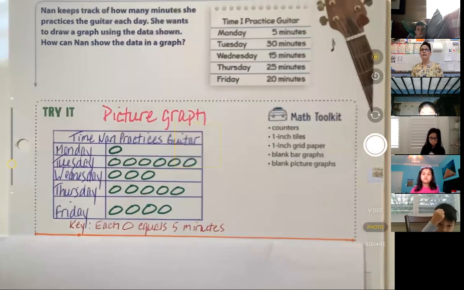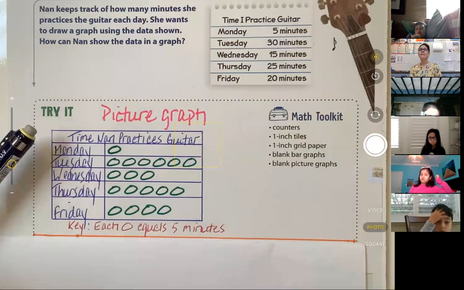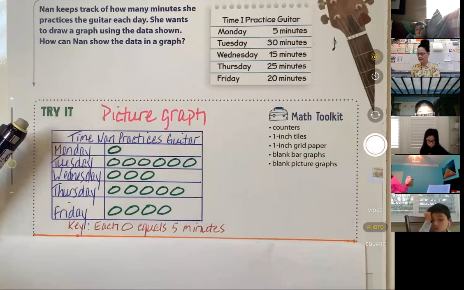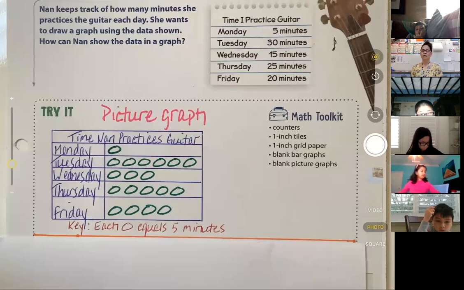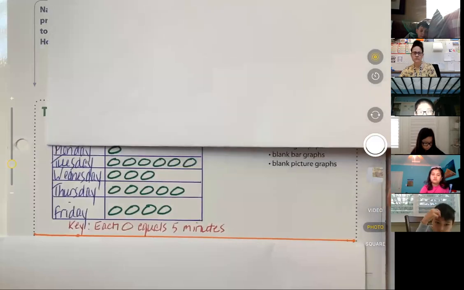So you can see when I drew my picture graph, I entitled it, "The Time Nan Practices Guitar." Because friends, if I were to draw a graph and there was no title, guess what?